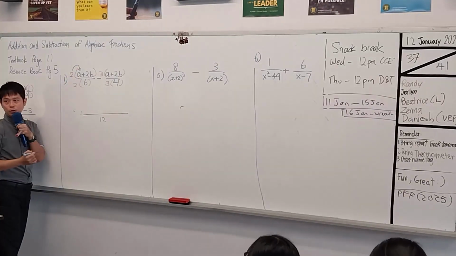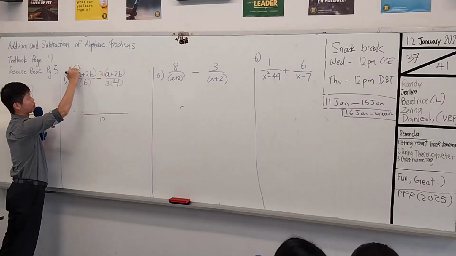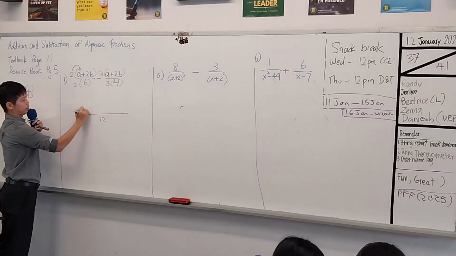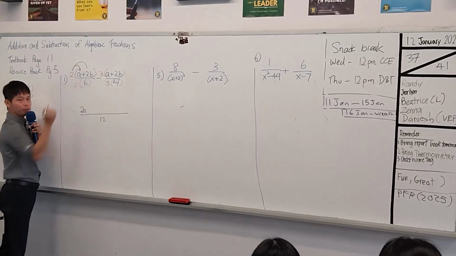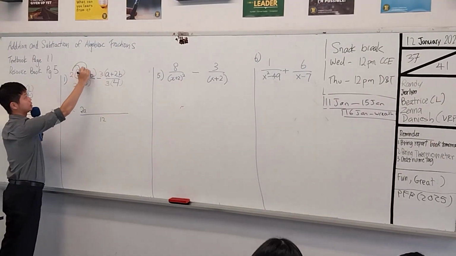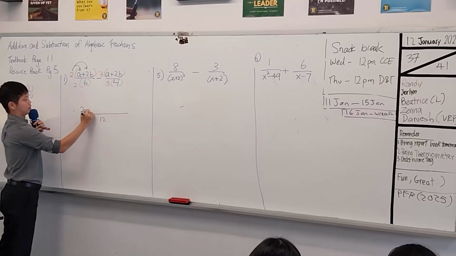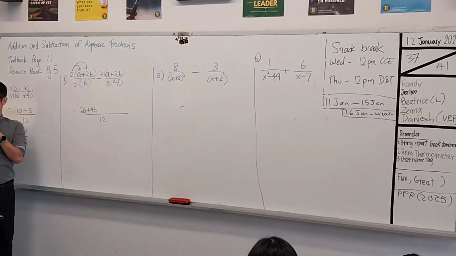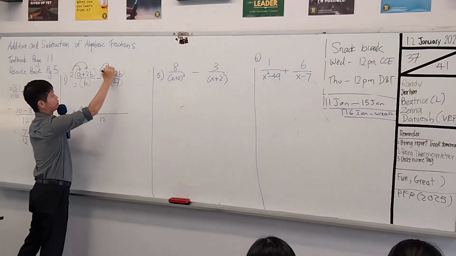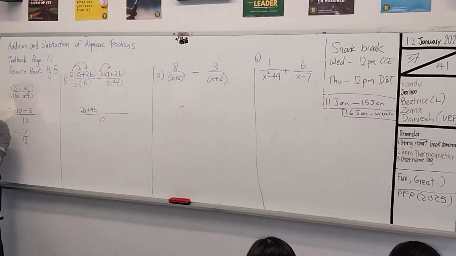Now, please look at the working. I will multiply in the 2 to the A, and I'll get 2A. 2 with the 2B, and I will get plus 4B. How do I multiply the next term? Everyone look up. What will I get?